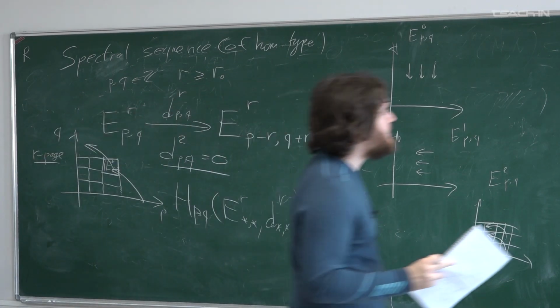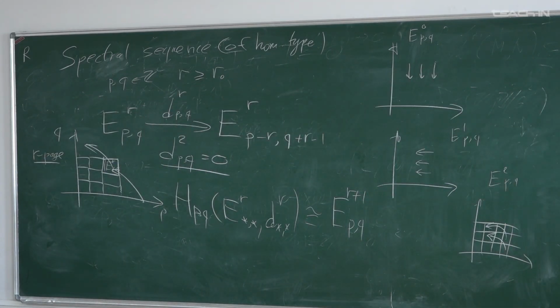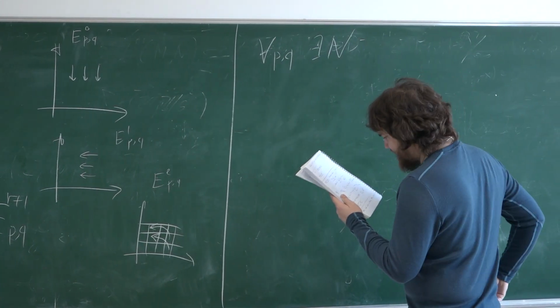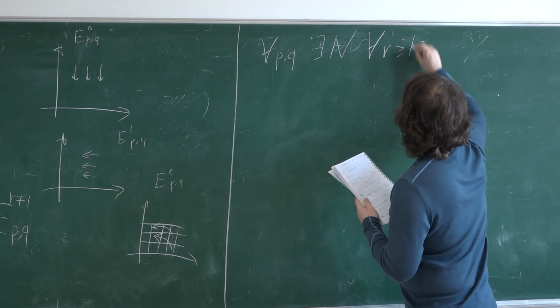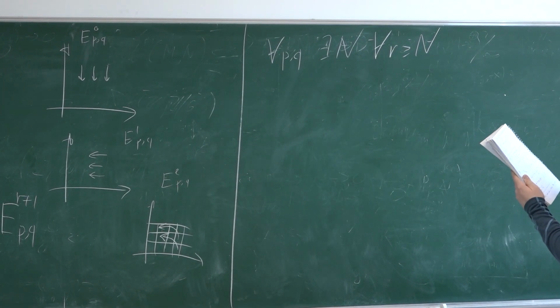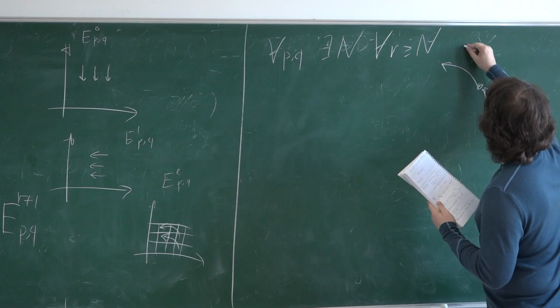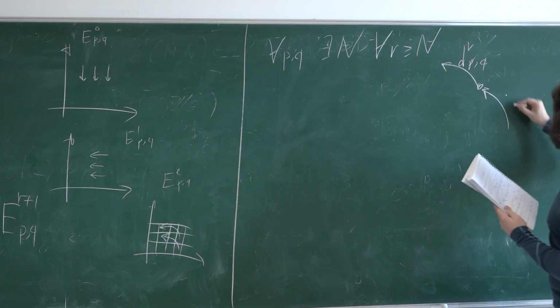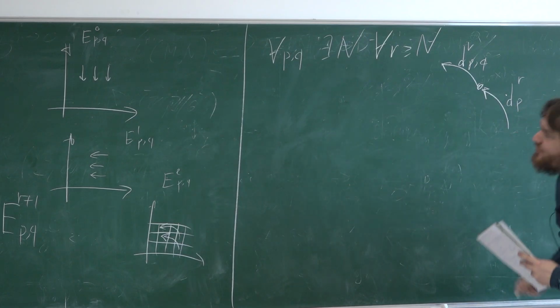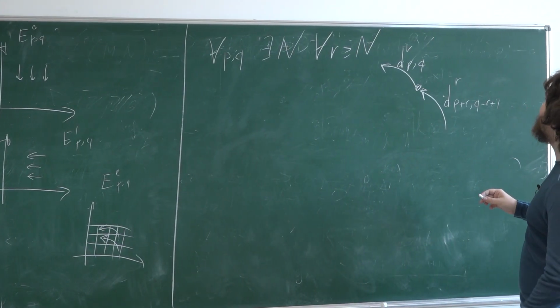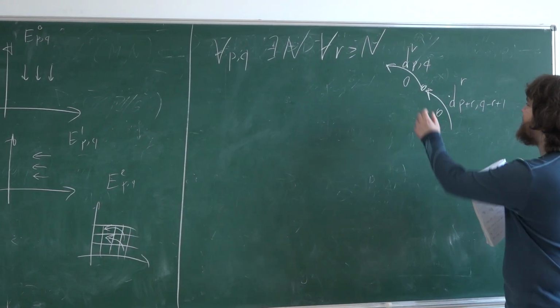Now we will consider the simplest case, a stabilized spectral sequence. Stabilization means that for any place there exists such a big number that for each page of greater number, all differentials inward and outward from this place, these are with p plus r, q minus r plus 1, are 0 in this concrete place.